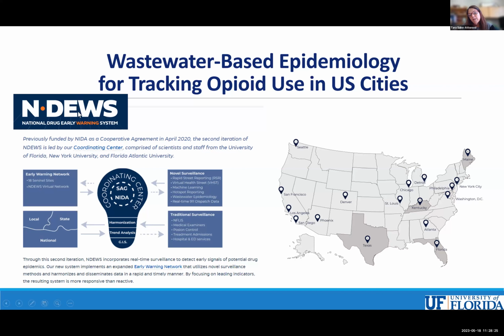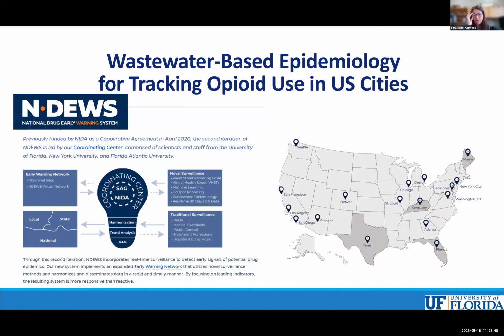The coordinating center has 18, I think there's some more now actually, what we call sentinel sites or partner cities that are feeding data into the INDUS center. And you'll notice here, sort of to the right of the light bulb looking structure, there's something called novel surveillance.